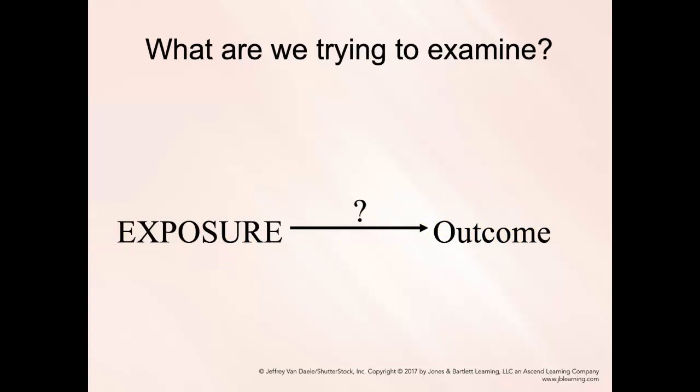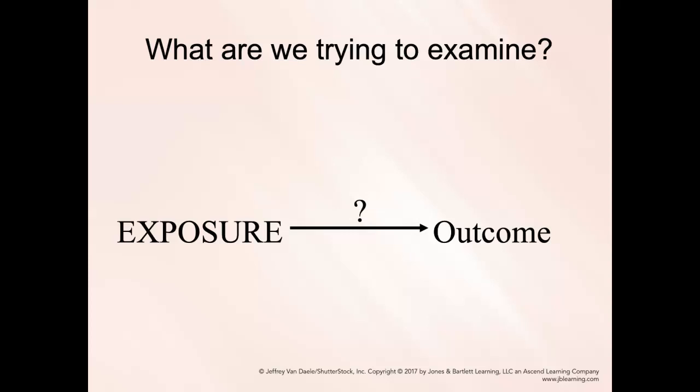You should know these terms, independent and dependent variable. They will be used throughout the course, and they're just basic terms that you should understand. When we're talking about our exposure, we're talking about our independent variable. When we're talking about the outcome of interest, the disease, whatever that outcome is, that is going to be our dependent variable.